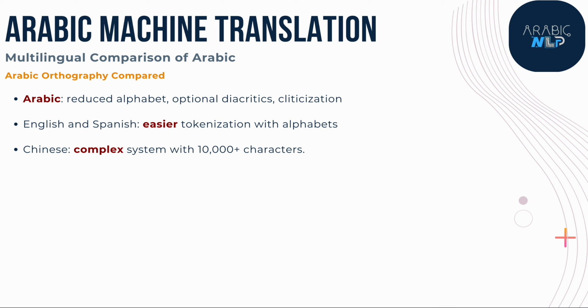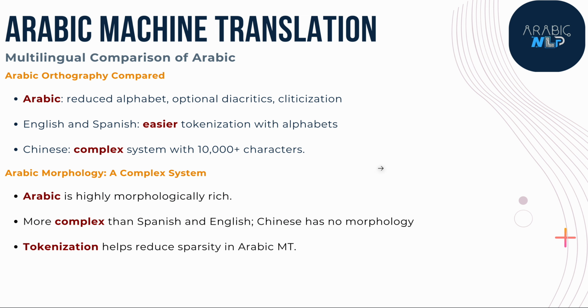And this is a middle ground compared to English and Spanish, which have very simple alphabet-based scripts. Okay, and also if we look at the Chinese language, which uses a much more complex system with over 10,000 characters.